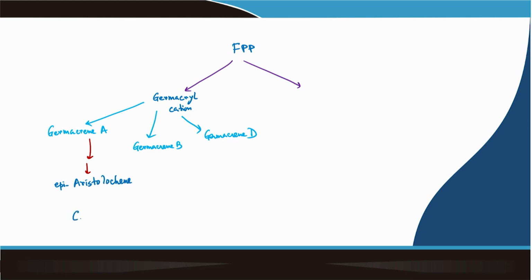And that finally leads to the formation of capsidiol. Whereas, from germacrene A, two more routes originate, one in this way, one in this way.